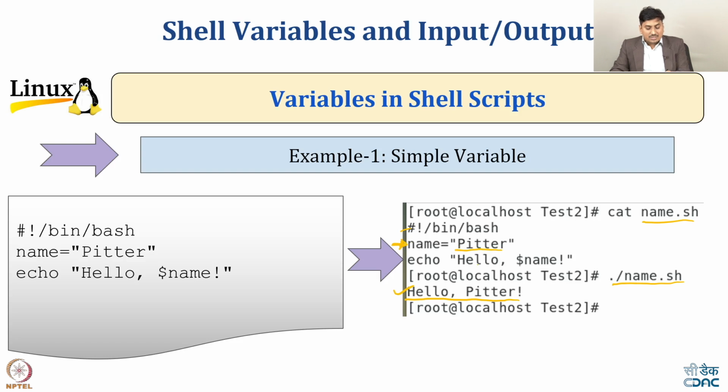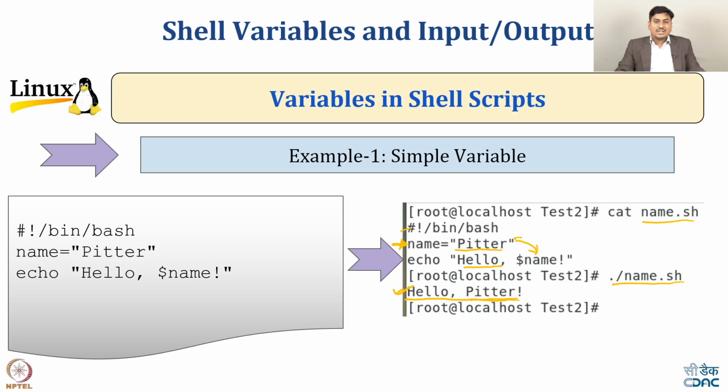After the word hello, this name has been replaced with the value of that variable, and accordingly it has printed the result. In this way one can use variables in scripting: just declare the variable and assign the values. That value may be a string or a number.